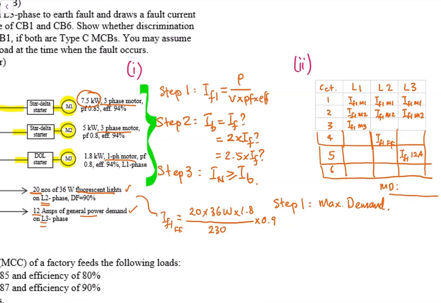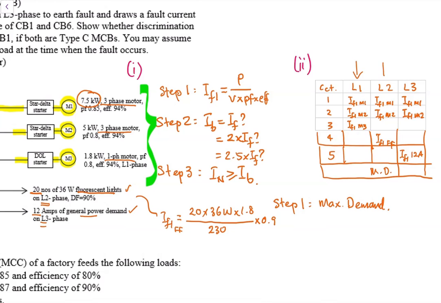And the last circuit is L3, which is 12 amps. So actually I don't need circuit number 6, so we'll take it off. So what I can do now is my maximum demand, I can do it here. The maximum demand will be the total of the maximum of these 3.